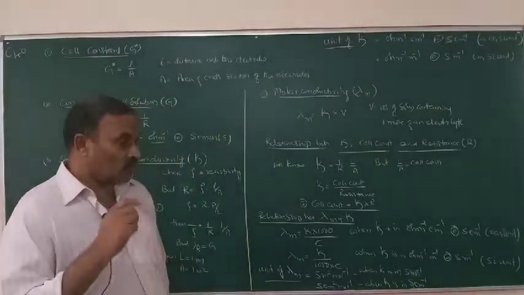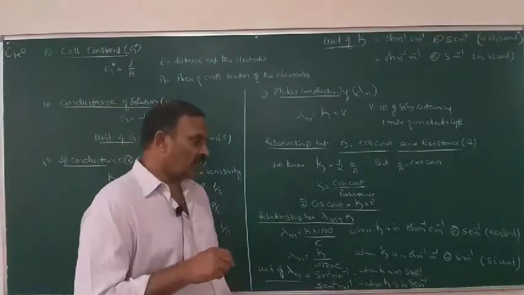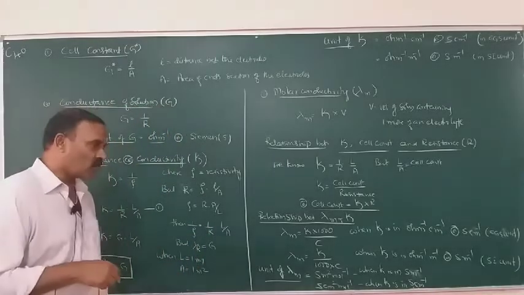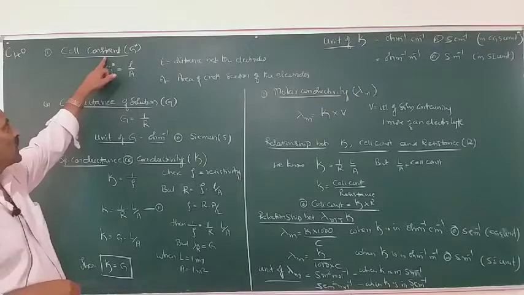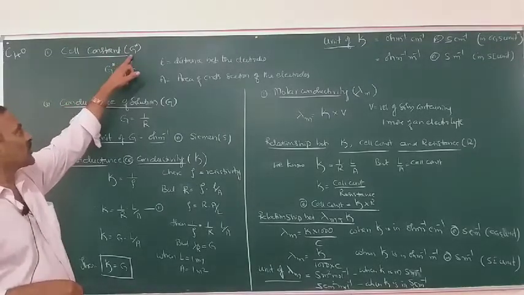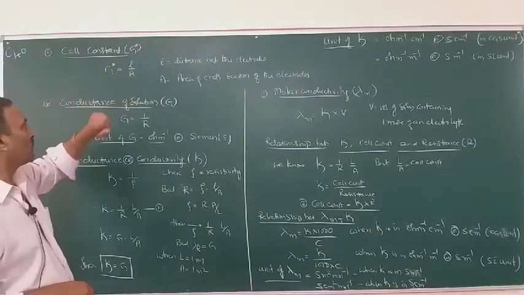Now, the conductance of a solution is determined by dipping a conductivity cell. So, to determine the conductivity, we have to calculate the cell constant. What is cell constant? Cell constant is represented by G star.